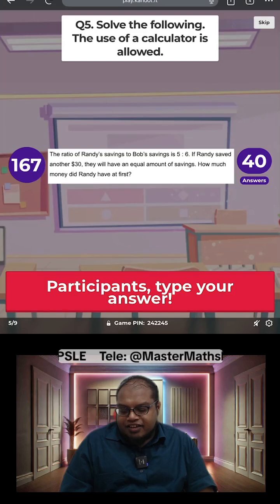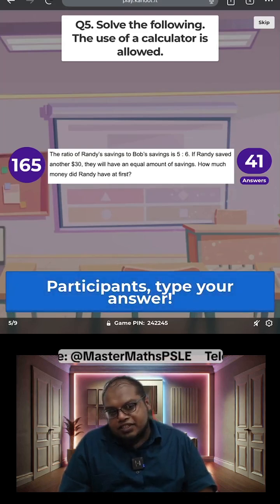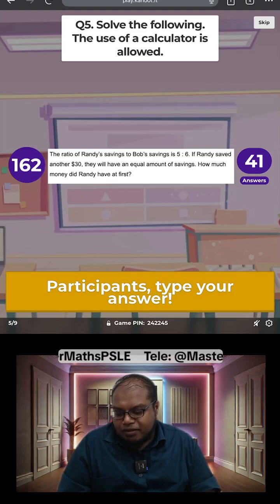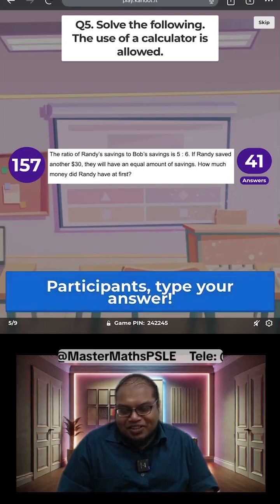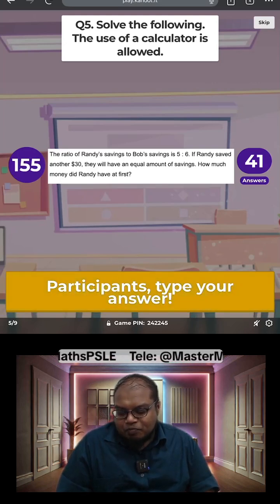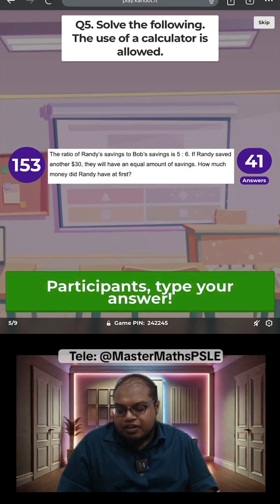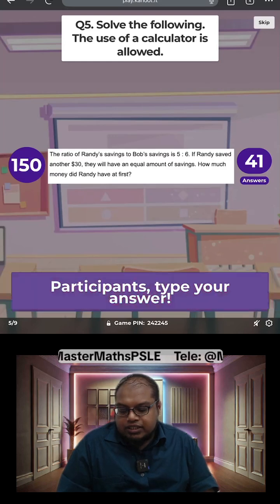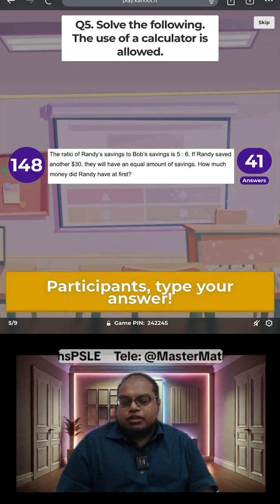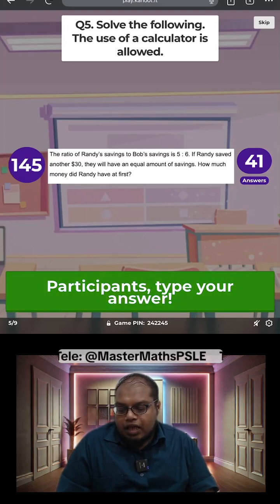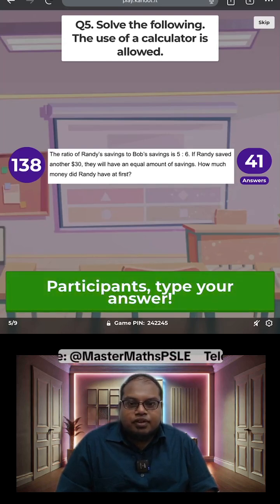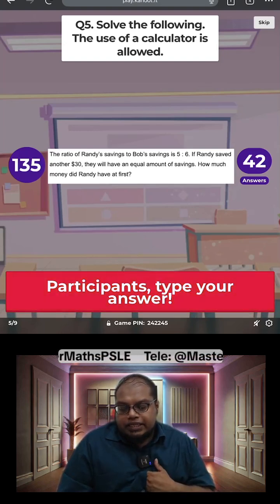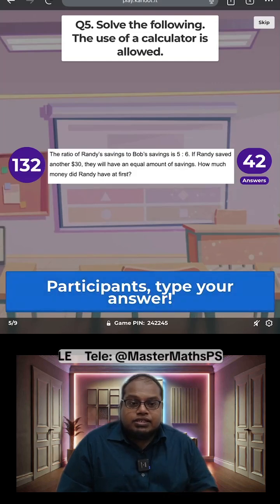Yes, might sound easy, might not be easy. 4 times, no, like equal amount of savings. Very good, 4 times. If Randy saved another $30, they will have an equal amount of savings. How much money did Randy have at first?